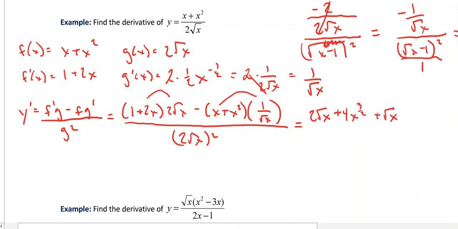And then x squared times 1 over the square root of x will be x to the 3/2. And I'm just using my exponent rules now. And then all of this is over, now, this is just a monomial, and squaring it gives me 4x.